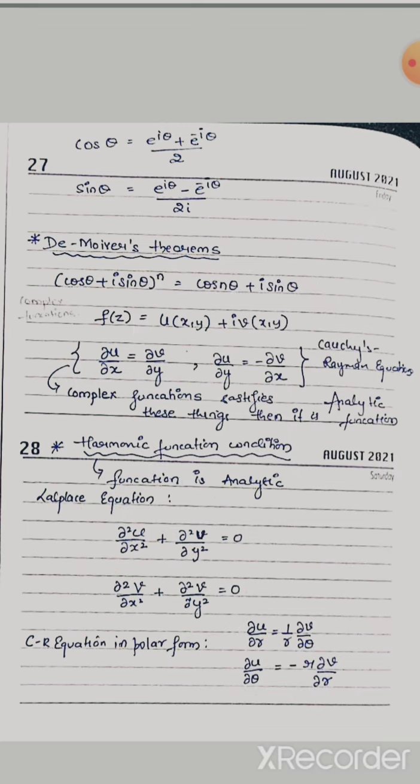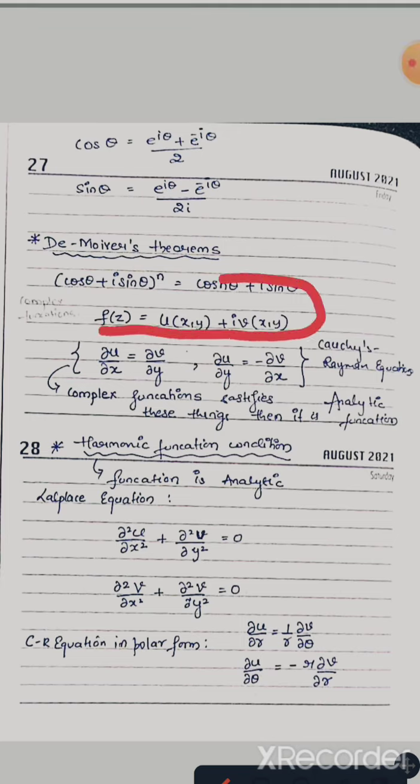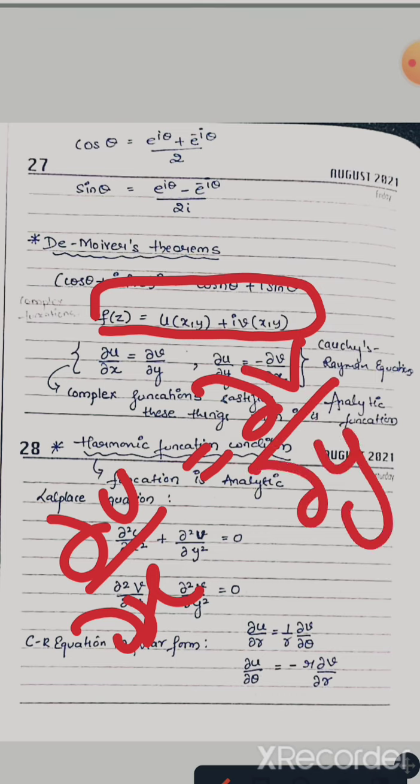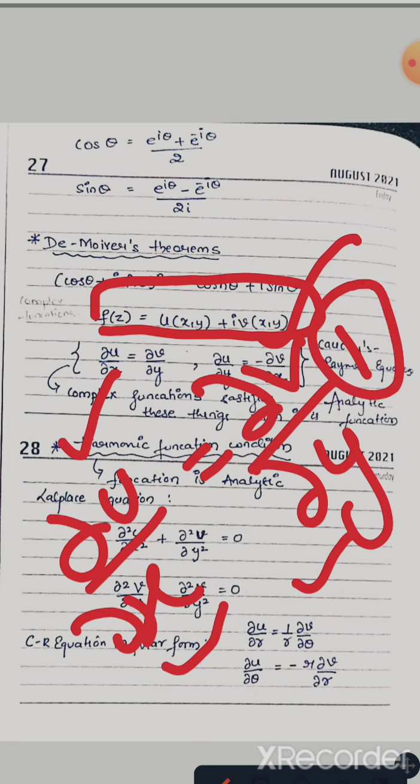Okay. Next, with the help of the Cauchy-Riemann equations, you will be able to find whether the given function is analytic or not. How to know that? For any given function f of z, if dou u by dou x is equal to dou v by dou y, that is, if you differentiate the real part with respect to x and the imaginary part with respect to y, if they are equal, this is our first condition.